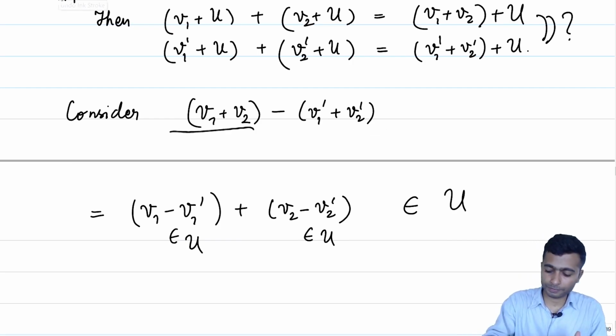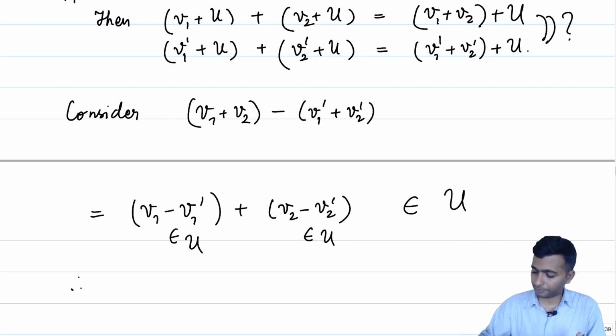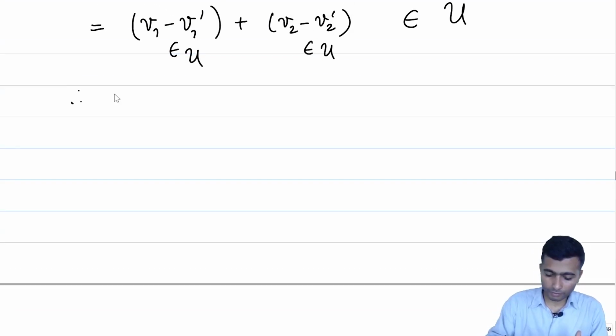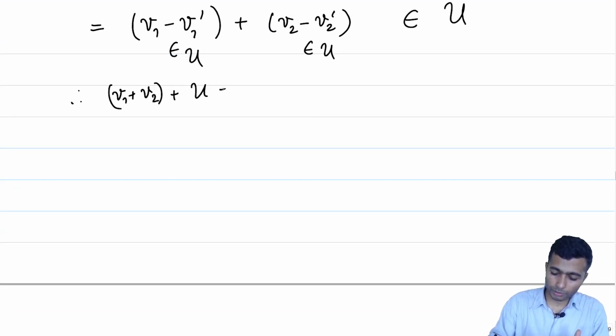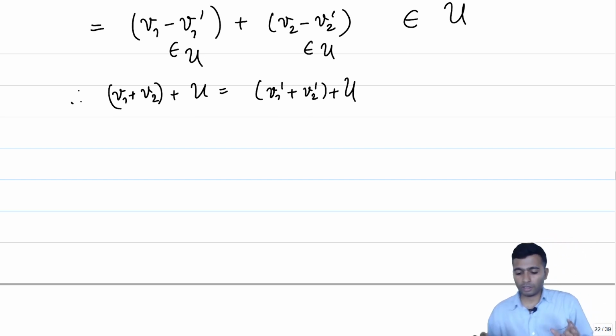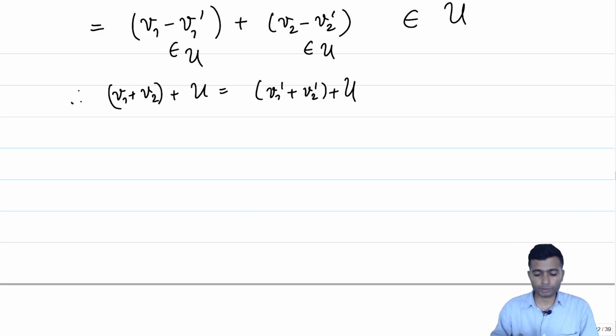And therefore v1 plus v2 plus U is equal to v1 prime plus v2 prime plus U. Therefore, our vector addition is well defined. It makes sense to define it like this.